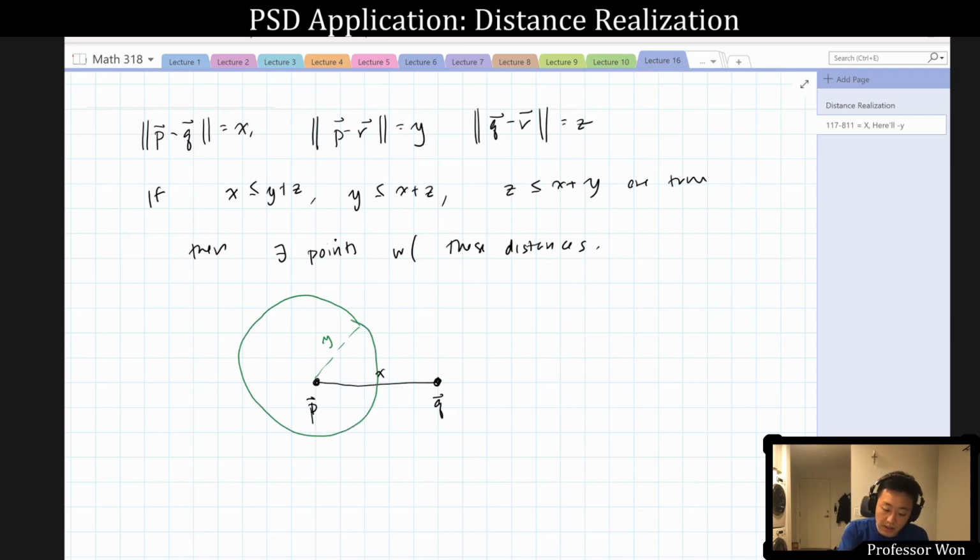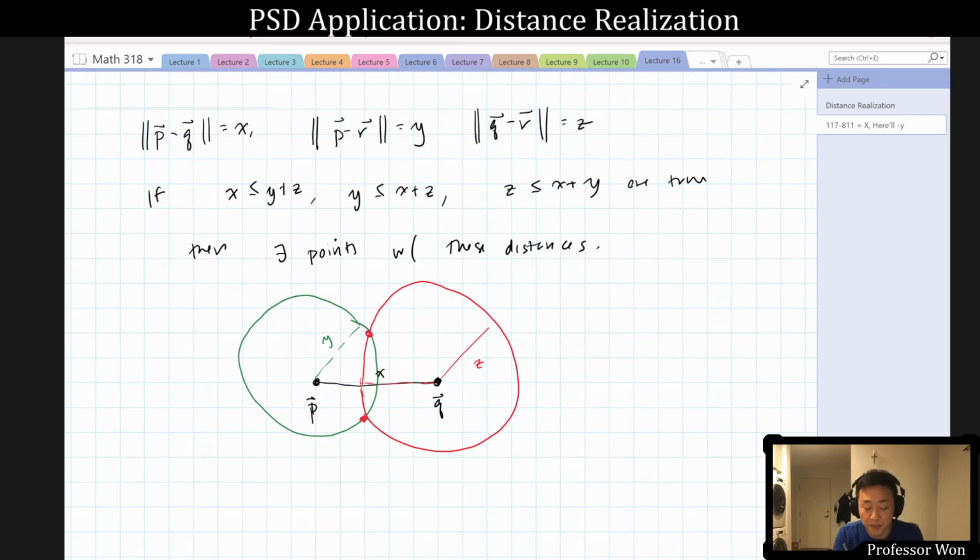At Q, you want to take a circle of radius z, but remember that x is less than or equal to y plus z, right? So if you take a circle of radius z, what you know is that it'll have to overlap this circle, right? Because the triangle inequality tells you that you have some overlap here.